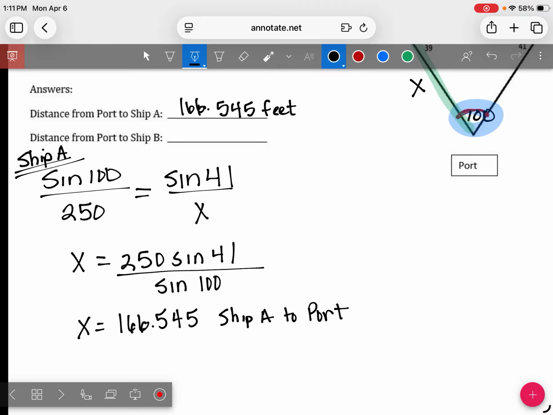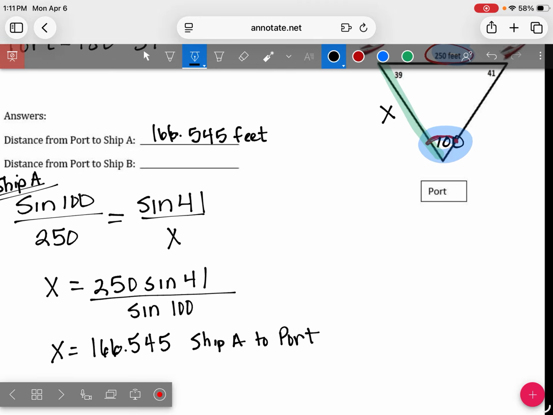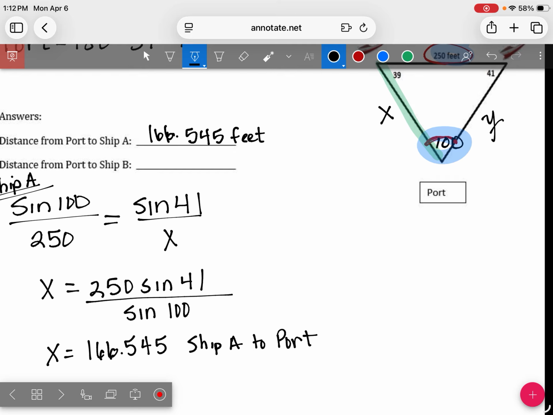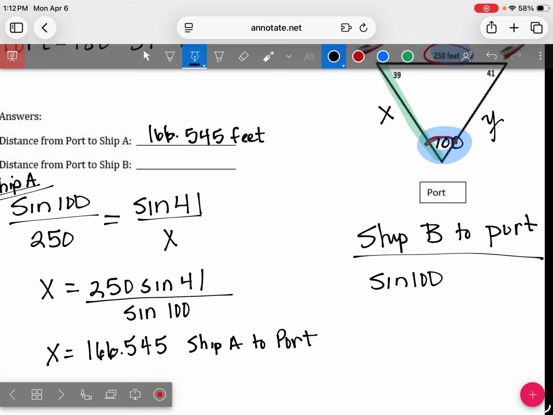All right, good. So now I'm going to call this side over here Y. Let's go ahead and find the distance from ship B to the port. I'm going to still start off with the sine of 100 over 250.